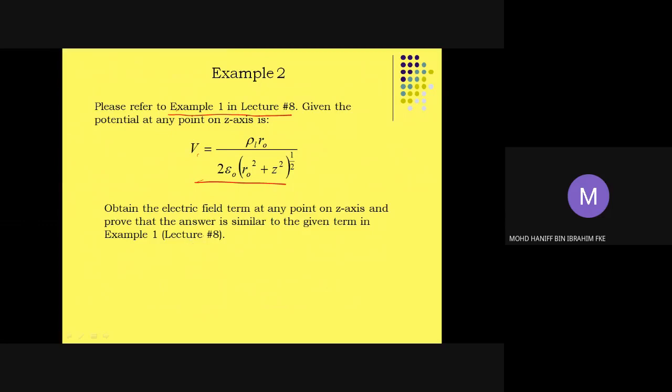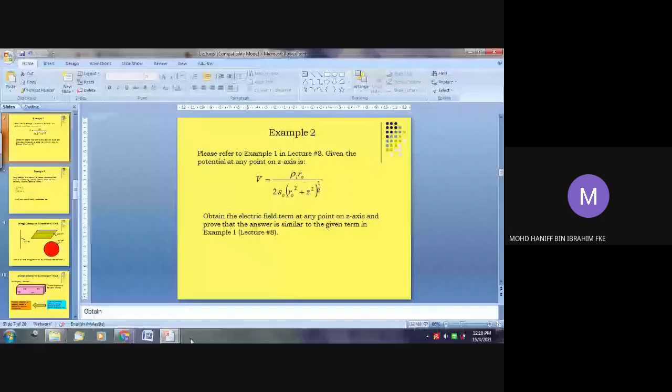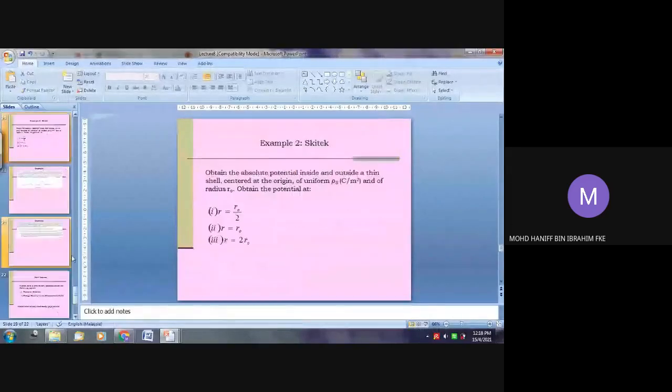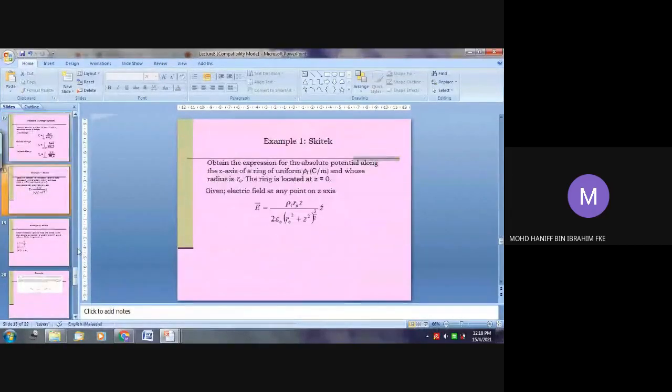If you can recall, basically this is related to a case of, let me see, example 1. I have to go back to example 1 of lecture 8. This is the one.